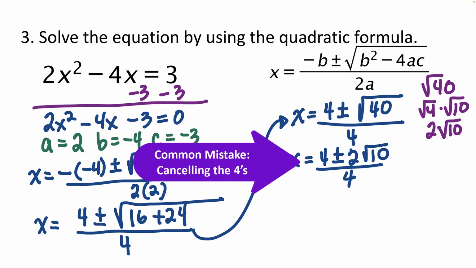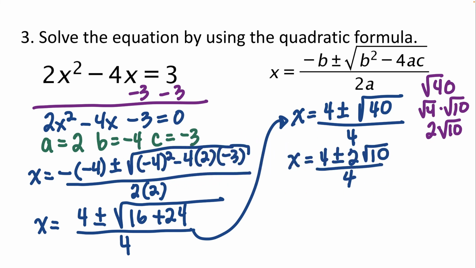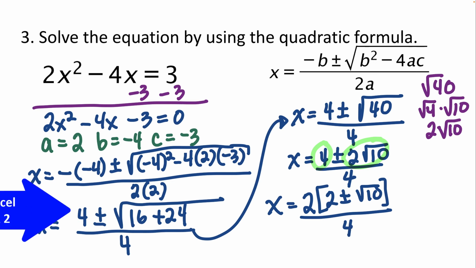So let's erase that. What we do know is in the numerator there are 2 terms, and 2 goes into both 4 and 2. So we could factor a common 2 out front, and this would be 2 plus or minus the square root of 10 all over 4.